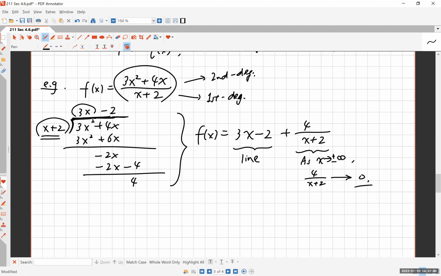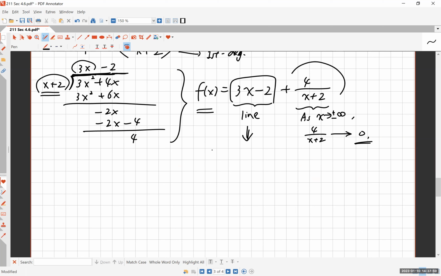So if this approaches 0, then the entire fraction f of x gets closer and closer to this part, because this whole thing approaches 0. And so that is your oblique asymptote. Because remember, f of x gets closer and closer to this because the last term approaches 0, oblique asymptote. I will abbreviate this as OA.